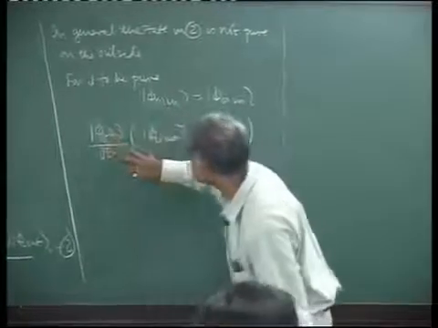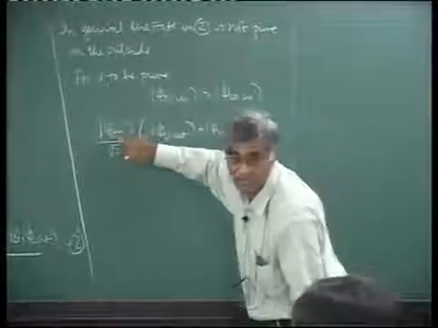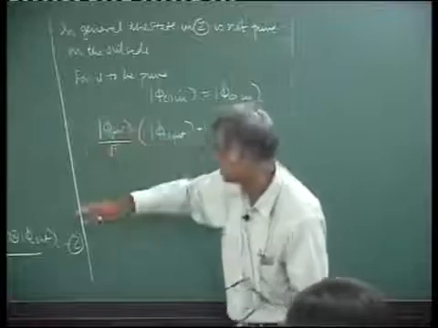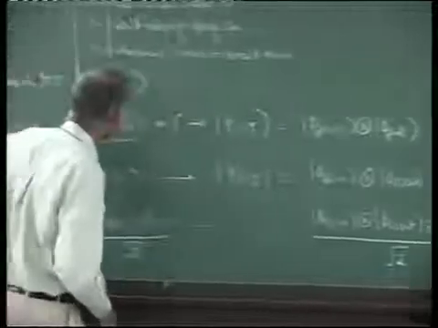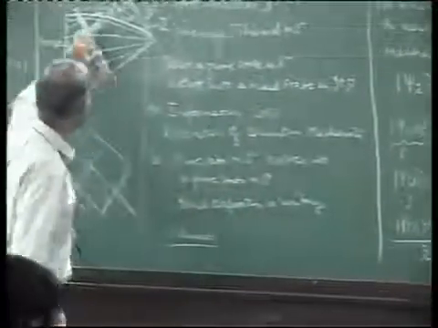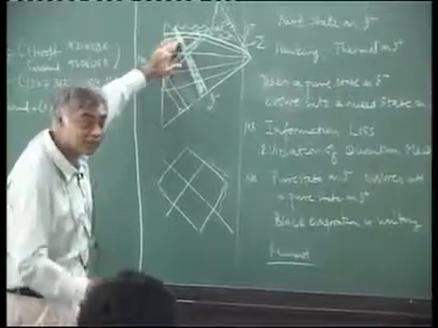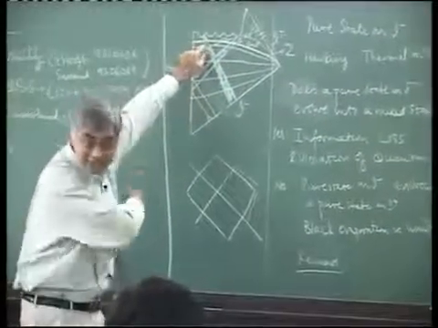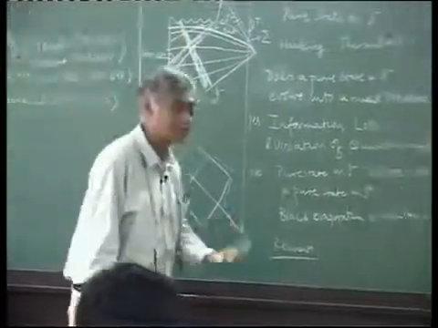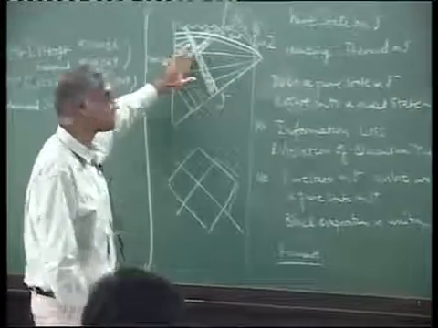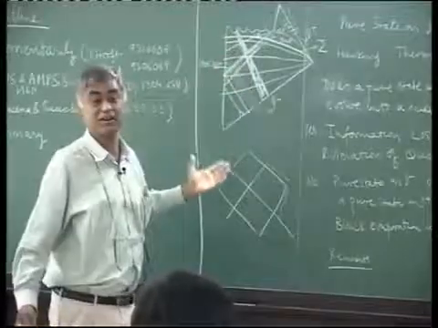If this was how the issue is resolved, and the infalling state becomes a unique state no matter what you started with, that phi 1 in and phi 2 in are the same state no matter whether you started with psi 1 and psi 2, that means whether you throw in the Britannica or the Kannada Shabdakosh or the Hindi Shabdakosh, the final state on this nice slice, very far away from high curvature, is the same, a unique state. And that is in conflict with the principle of equivalence. If you believe nothing special happens at the horizon and the infalling observer sees nothing special, that shouldn't happen.